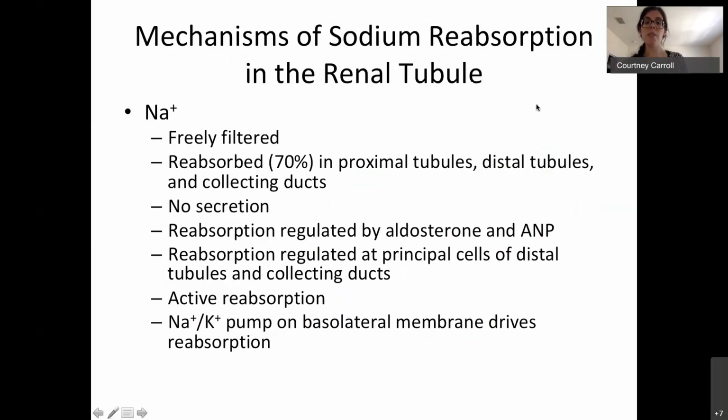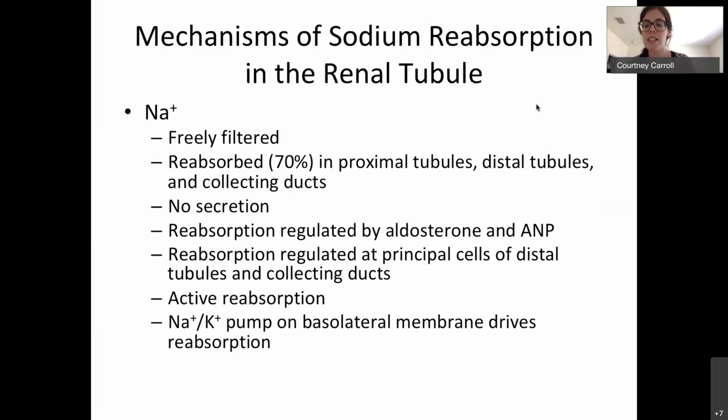Okay. Let's spend a little bit of time talking about a few key ions. And the most important one is sodium. Again, because sodium is going to serve as the gradient that drives a lot of the transport processes that you see in key parts of the nephron. So we have sodium that is freely filtered.